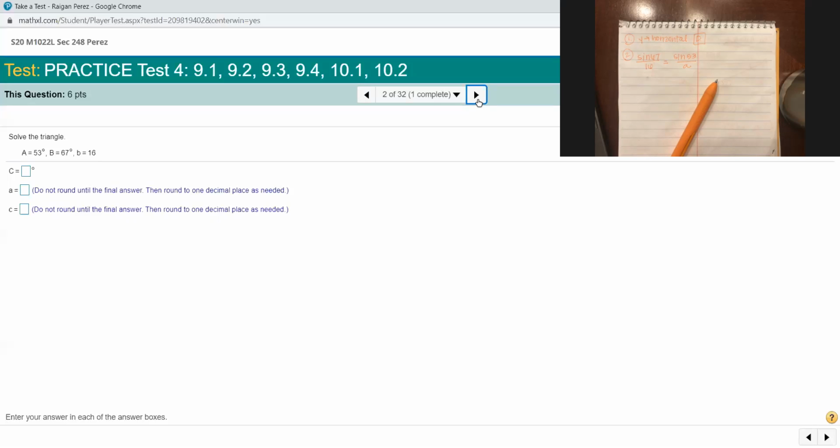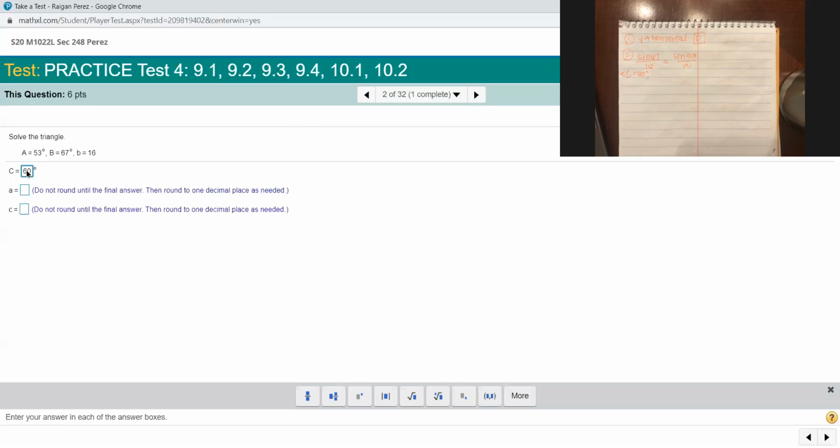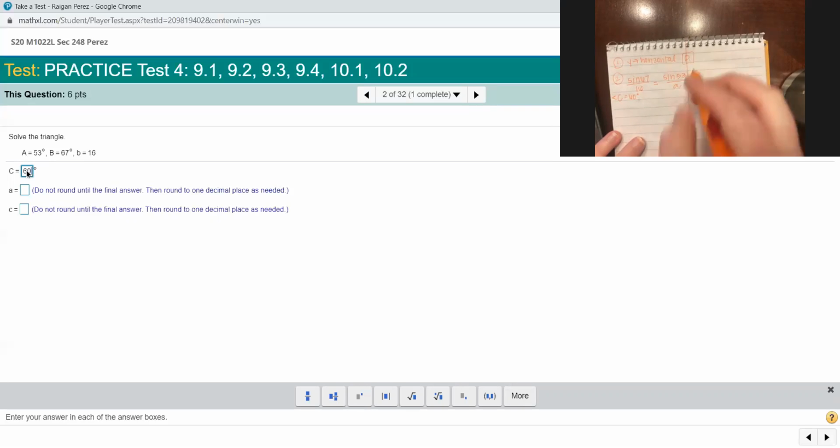I'm back. So 180 minus 53 minus 67 is 60. So angle C is 60 degrees. Then we can do the rest. Okay, so here we go, working it out.